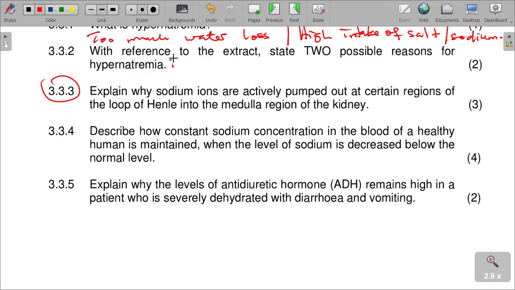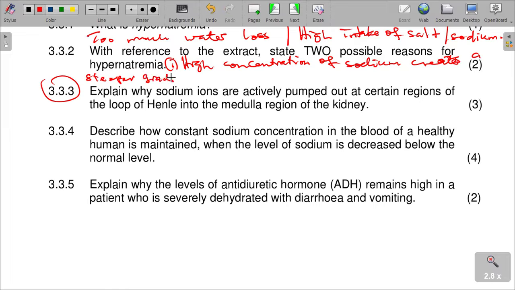Question 3.3.1. High concentration of sodium creates a steeper gradient, which leads to passive absorption of water.